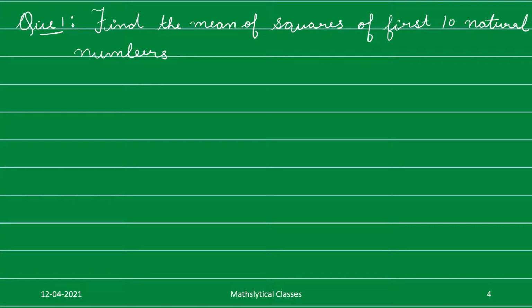Find the mean of squares of first 10 natural numbers. So first 10 natural numbers are given by 1, 2, 3, 4, so on to 10. We have to find out the mean of squares of these numbers. So let's consider its squares: 1 square, 2 square, 3 square, 4 square, so on to 10 square.